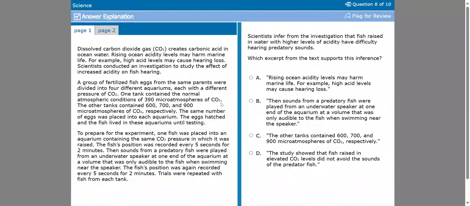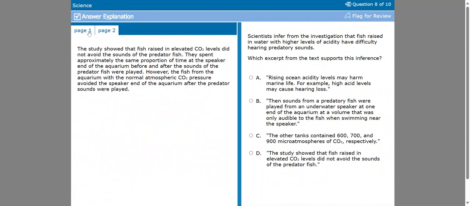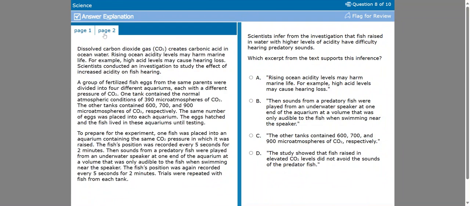Next question. We have another passage based question with a 2-page passage. Scientists infer from the investigation that fish raised in water with higher levels of acidity have difficulty hearing predatory sounds. So, which excerpt from the text supports this inference?